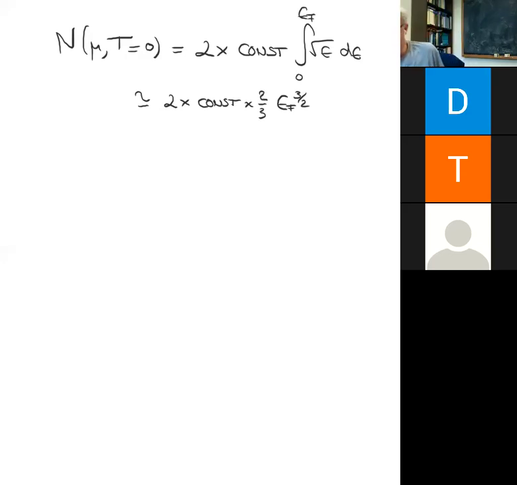This particular calculation, by the way, this is usually done, so this g of epsilon, it came from changing variables from k to epsilon. But if all you do is just count how many particles there are, it's actually even easier to just do this in terms of k. So I can write n of mu comma t. Actually, it's t equal to 0.